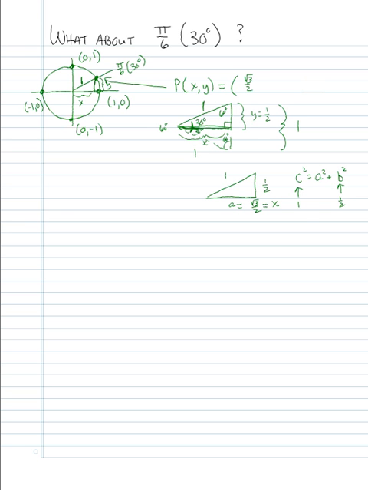And so when we go about doing this, just like we did before, that looks like what we solved before, and we would end up with a squared is equal to 3/4. And when we find a, then that would be the square root of 3/4, which is the square root of 3 over 2. And, you know, it's a little more complete, but I went through it quickly. And then the y value is the 1/2.